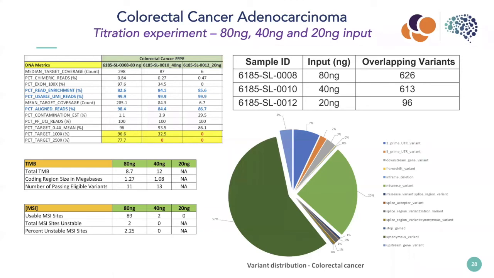You'll also see similar effects in the review of both TMB calculations as well as MSI calculations, which are shown on the middle and lower left-hand side. And then just the pie chart essentially just describes the different variant classes that were detected.